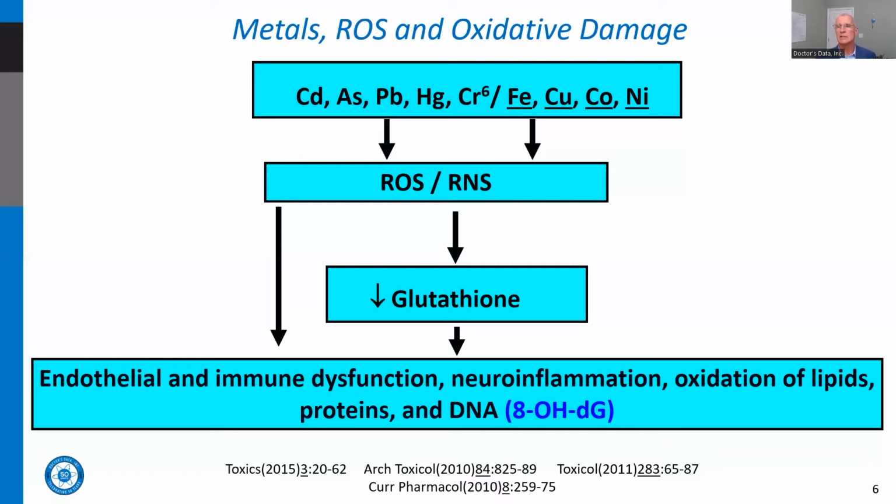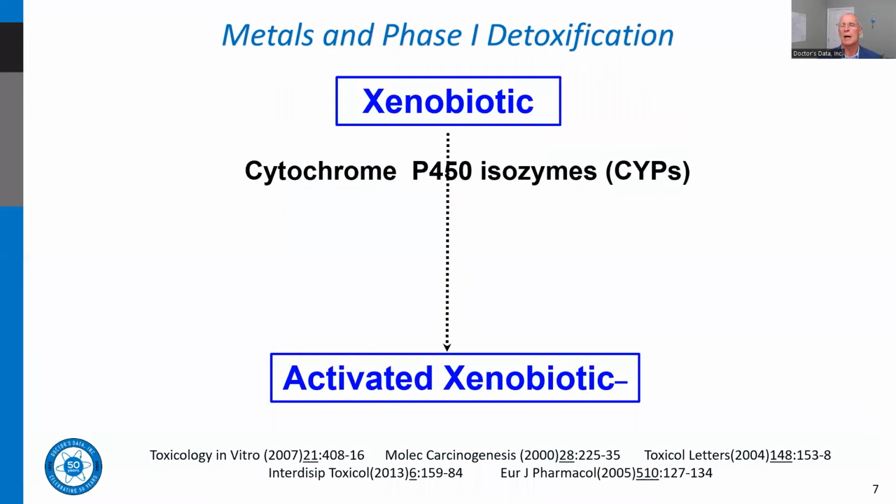So oxidative stress is one thing, but metals can also compound exposures to other toxicants by affecting phase 1 and phase 2 detoxification. So we're all familiar with the fact that a typically more polar xenobiotic chemical entity is acted upon by cytochrome P450s, and that makes that initial toxicant more polar.